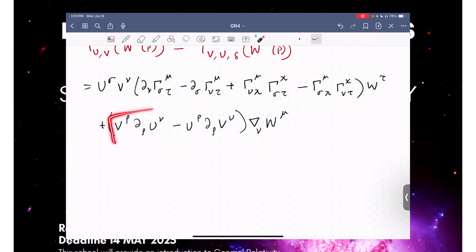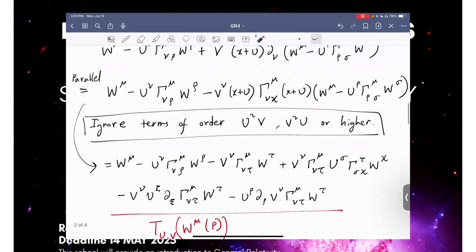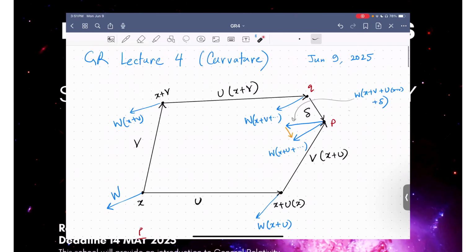All right. But this term, there is no reason why it would vanish, right? Even on a flat space. It's just the partial derivative of some vector field and the partial derivative of some vector field, and there's a difference. So the point is that if you take two completely arbitrary vector fields u and v, and then you do this parallel transport, then even on flat space, these two vectors that we end up with will not be the same.